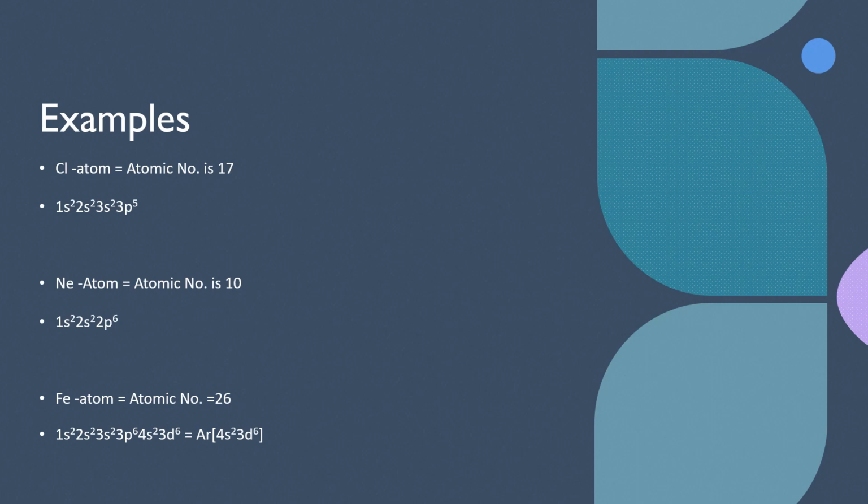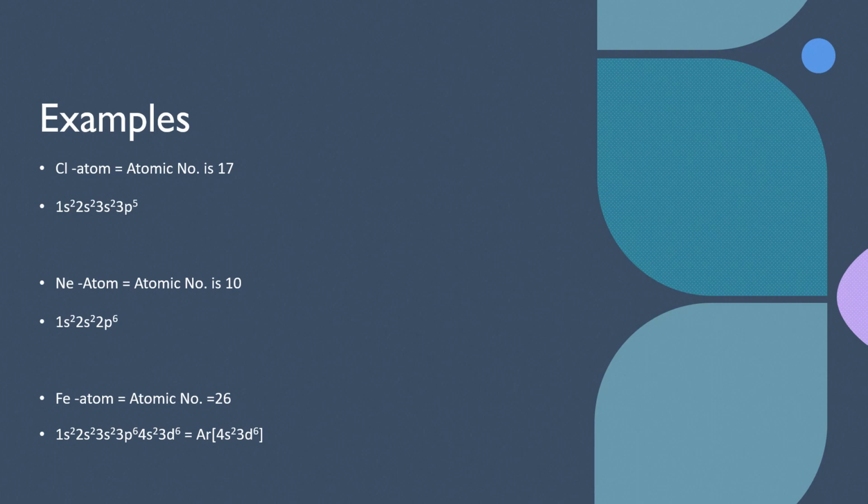How do you start filling the electrons? As I described in my previous video, the s orbital is able to accommodate only 2 electrons, the p orbital 6 electrons, the d orbital 10 electrons, and the f orbital 14 electrons. To fill the electronic configuration, you have to remember that concept.